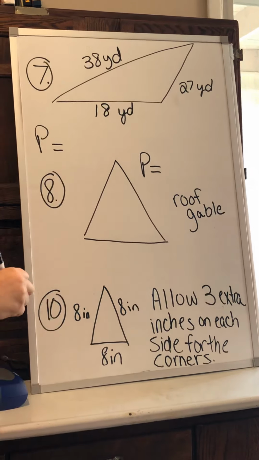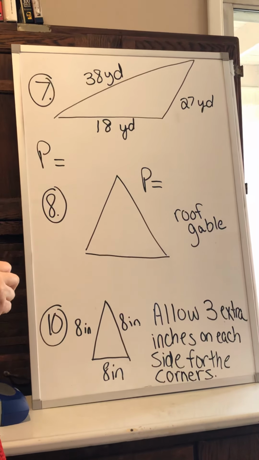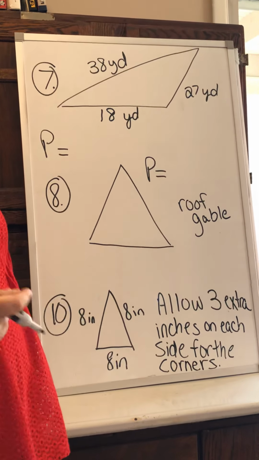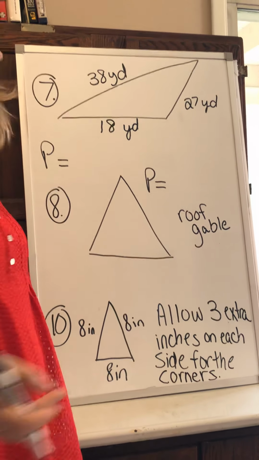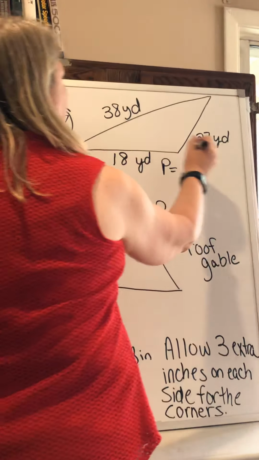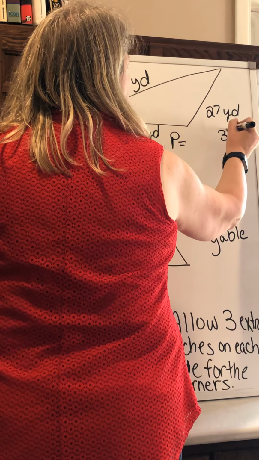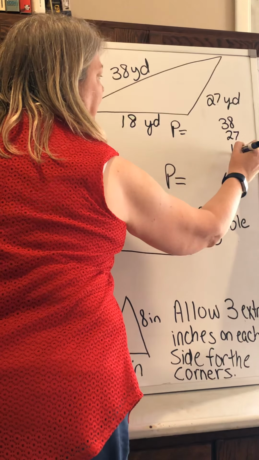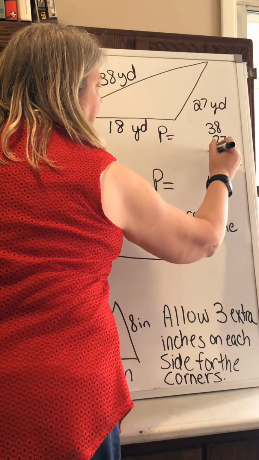And the question is, how much fencing material will it take to enclose it? When it asks that question, it's just asking for the perimeter, okay? So the perimeter equals how much? Well, let's take 38 plus 27 plus the 18. Go ahead and add that up.